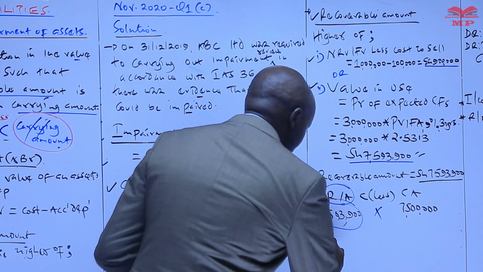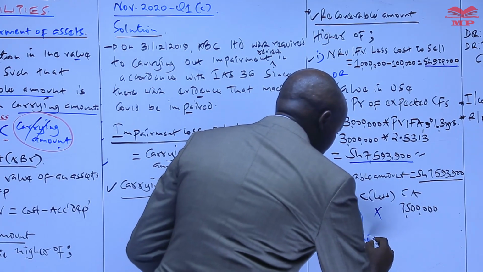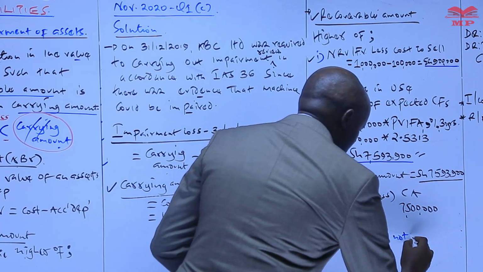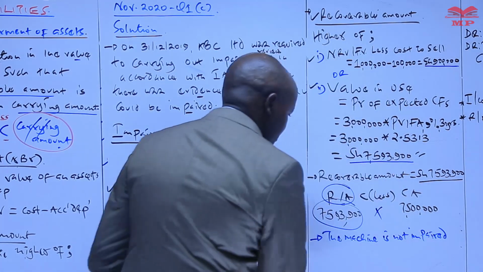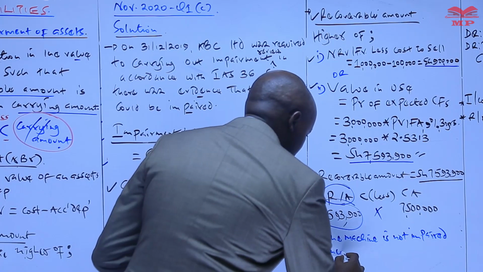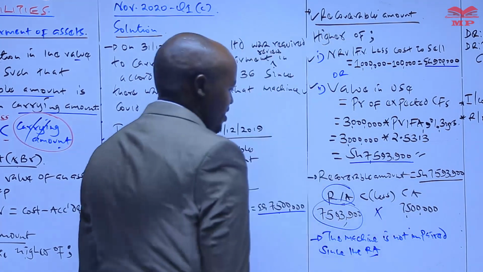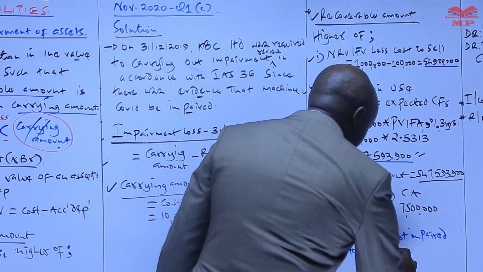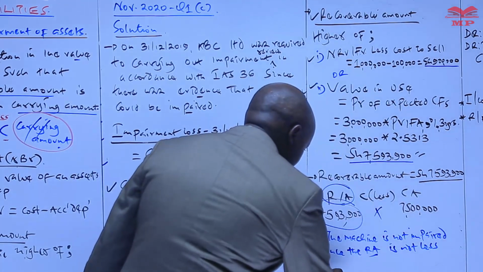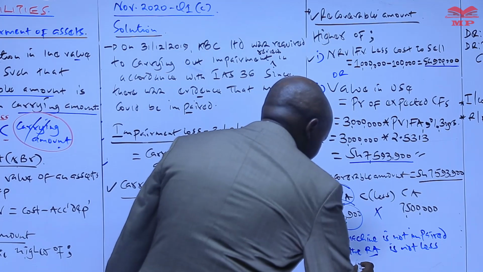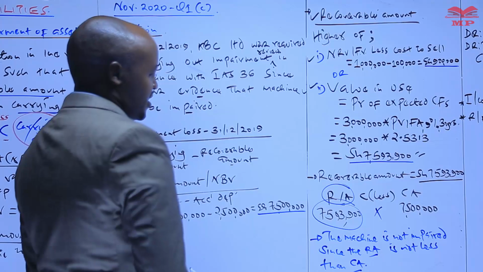We say that the machine is not impaired, since the recoverable amount, that is RA, is not less than carrying amount, that is CA.